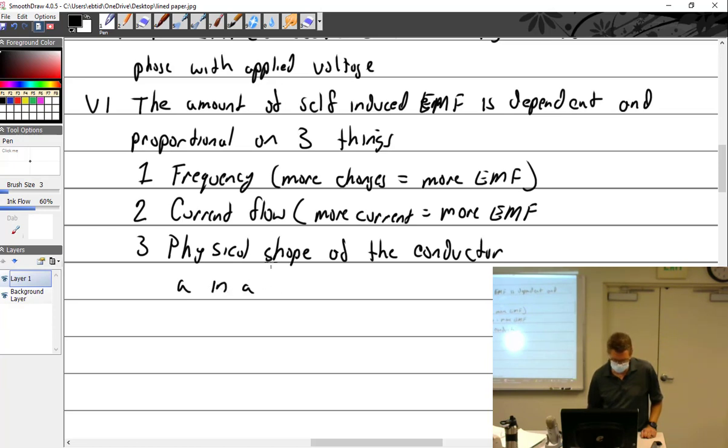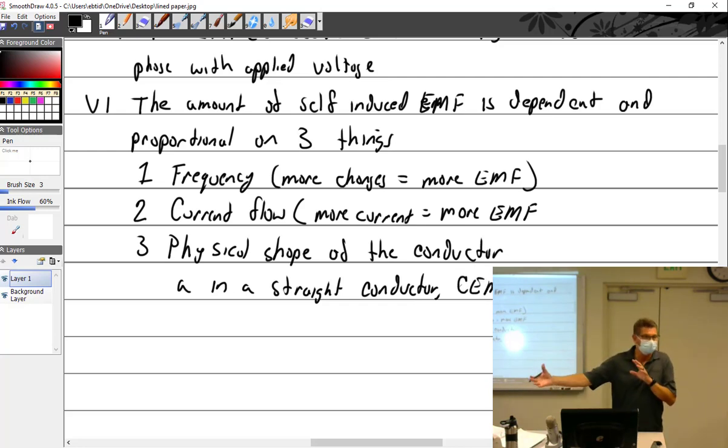In a straight conductor, counter EMF, CEMF, the thing that opposes the current flow coming in, is limited, because it's straight.